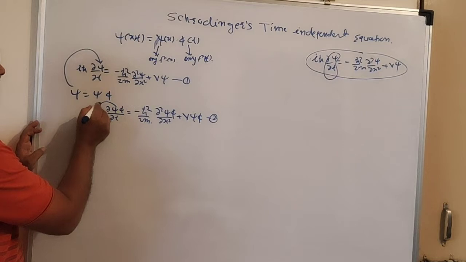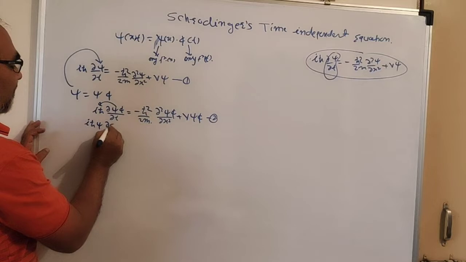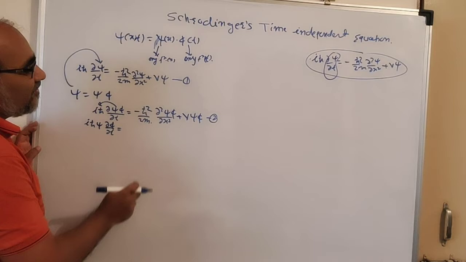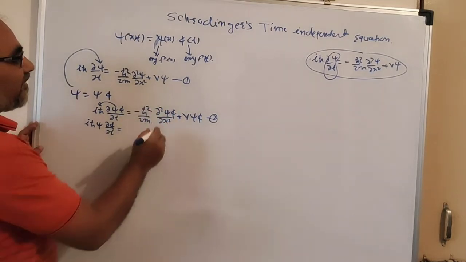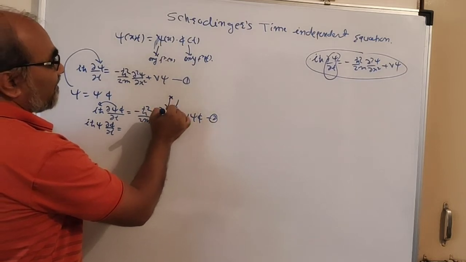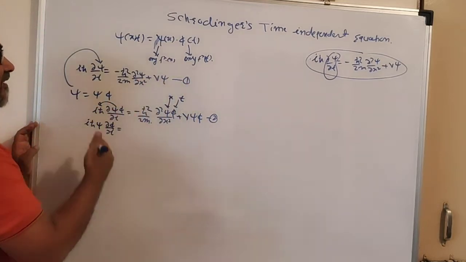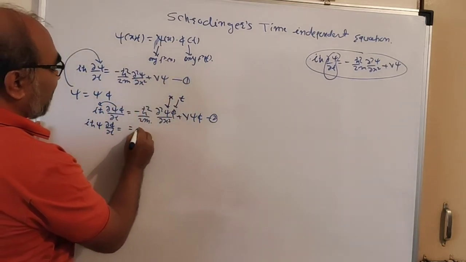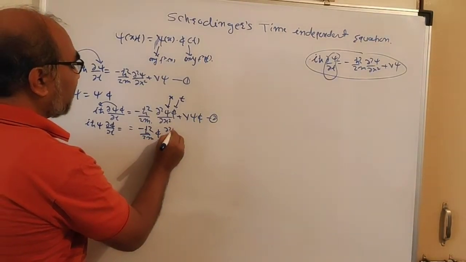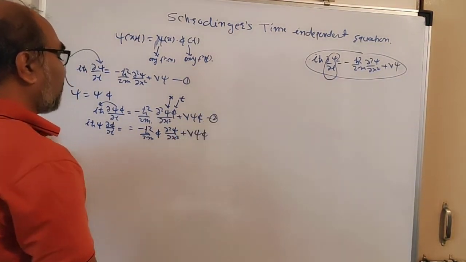So this is iħψ ∂φ/∂t equal to, now here differentiation with respect to x, and therefore φ is treated as a constant, so this is minus ħ² upon 2m φ ∂²ψ/∂x² plus Vψφ as it is. So there is no problem for that.